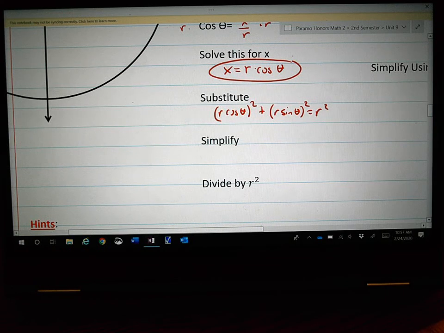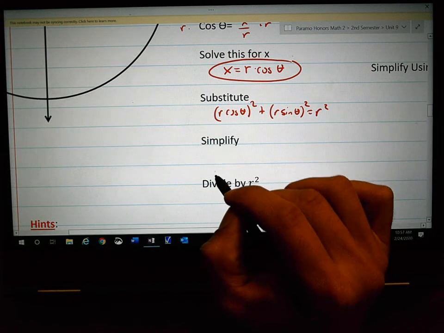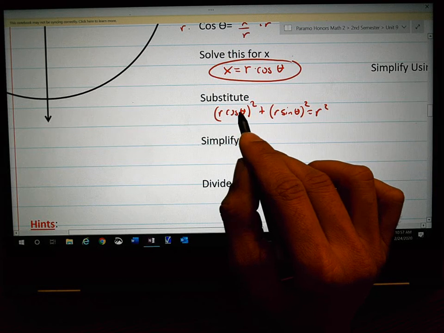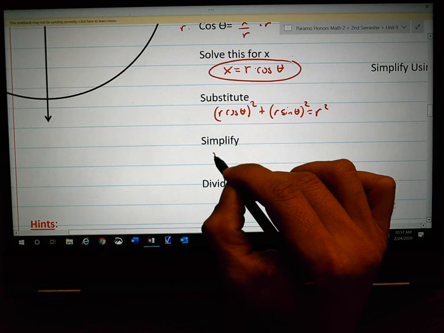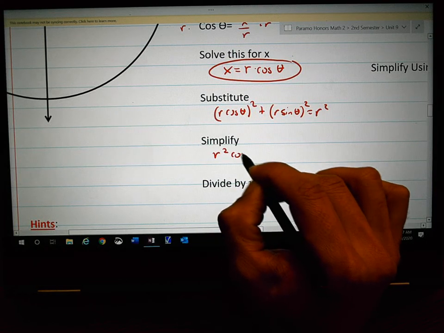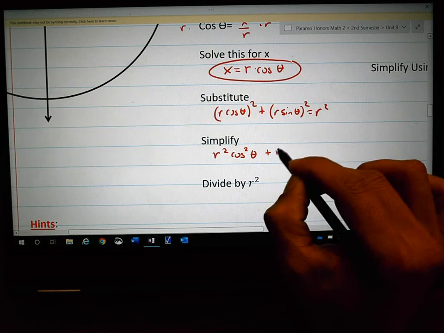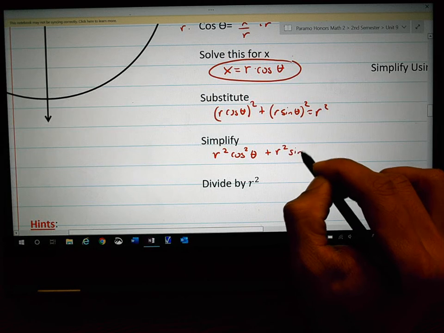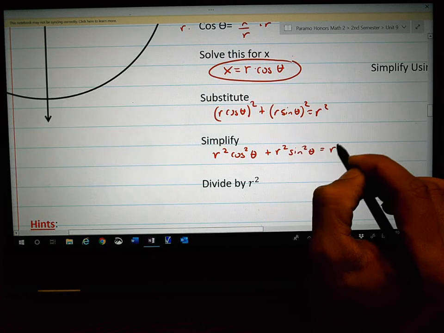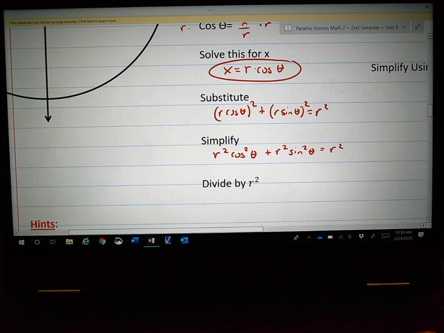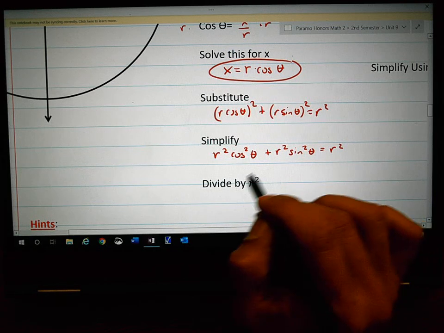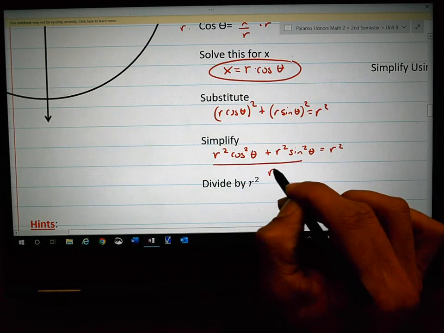I'm going to simplify that. r cosine theta times r cosine theta is r squared cosine squared of theta. I'm going to simplify that. R squared sine squared theta equals r squared. And then I'm going to divide everything, the left side by r squared and the right side by r squared.